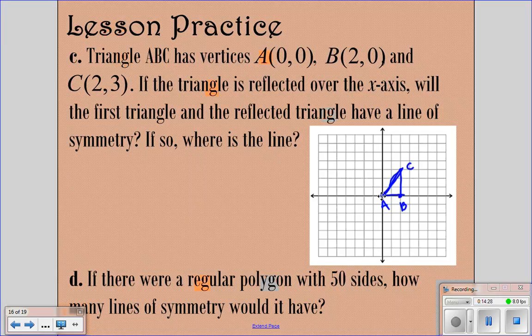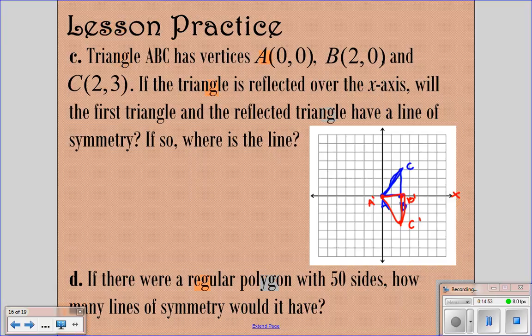So we are going to reflect it, and if we reflect it over the x-axis, we have A prime and B prime that stay the same because they're on the line of reflection, our x-axis. And then C just comes down 3. And so we have C prime there.